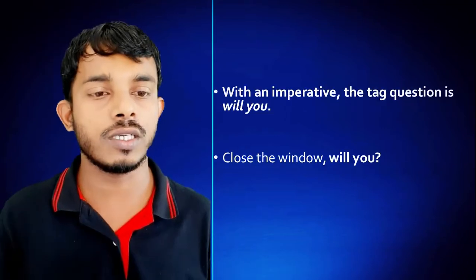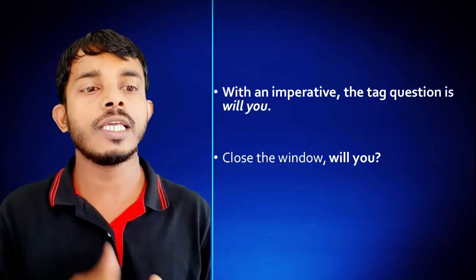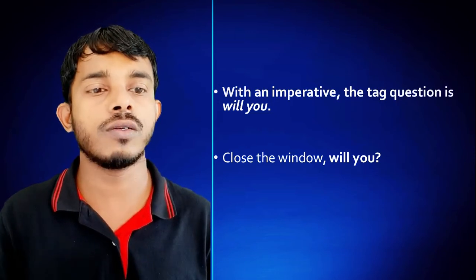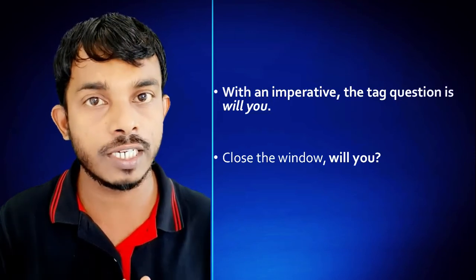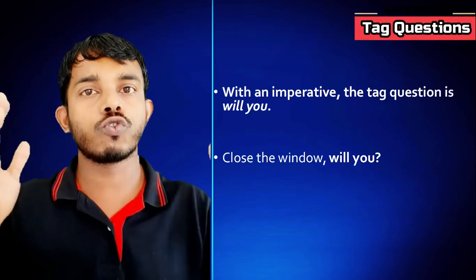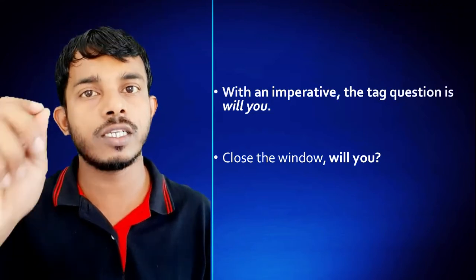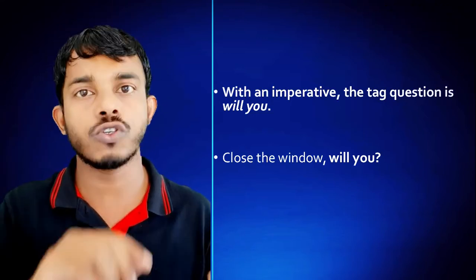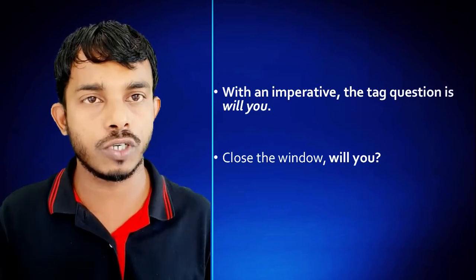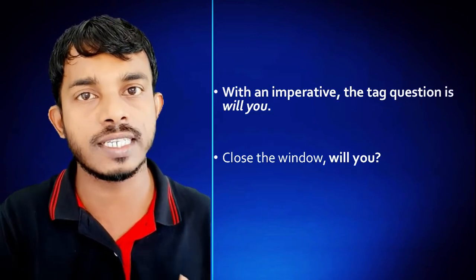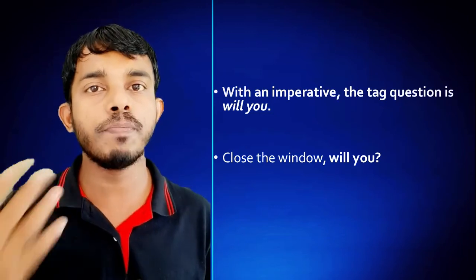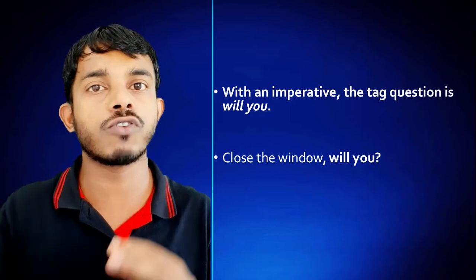The next one is with imperative. The tag question is will you. We know the types of sentences we have learned. Those who did not learn the types of sentences may go to my channel, where you will understand all the types of sentences. One of the types is imperative. An imperative sentence is a command, request or order.